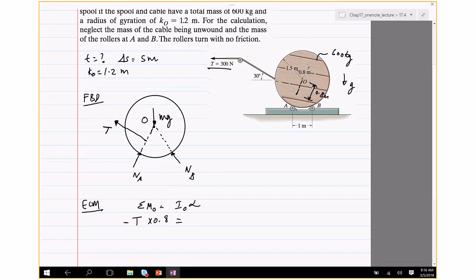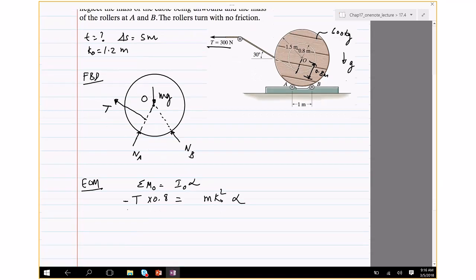Now for a disk, the inertia is actually mr squared divided by 2. However, if you're given the radius of gyration, which in this case you have been given, you should just use that. So if you're given the radius of gyration, then the inertia is the mass times the radius of gyration squared times alpha, which is the unknown.